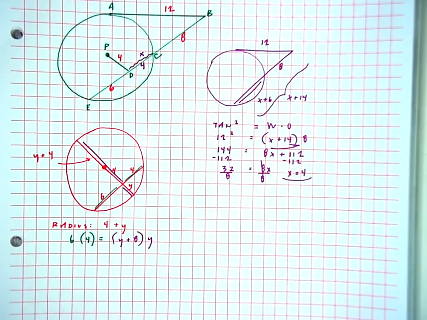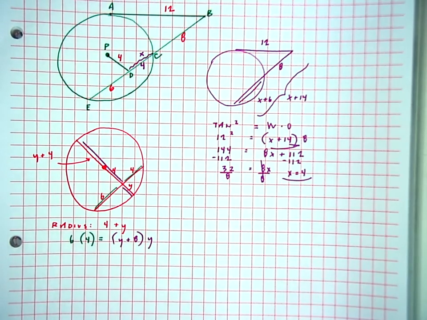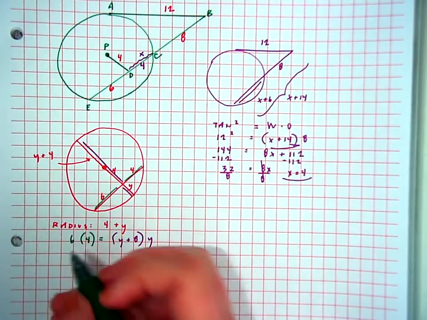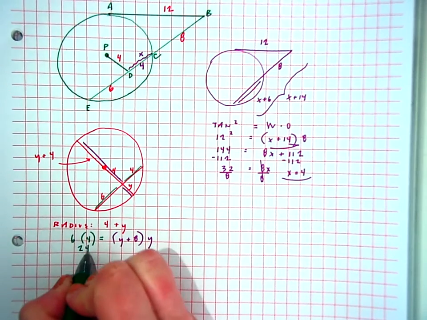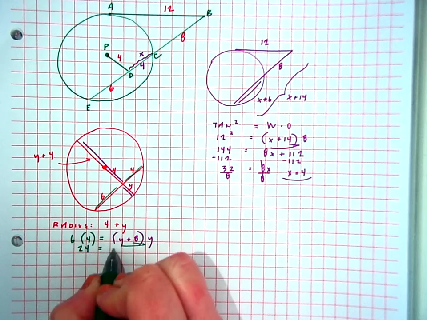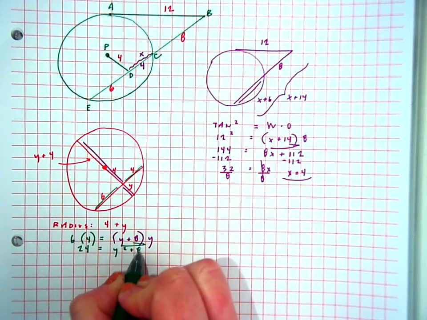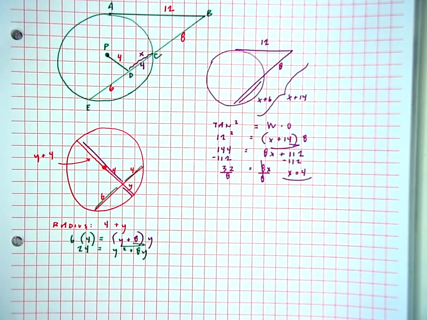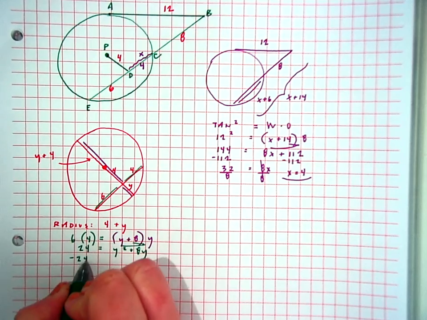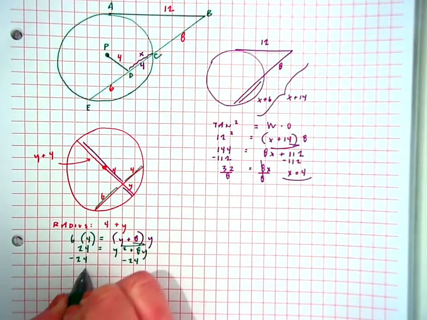So now I'm ready to continue on and solve for y. But keep in mind, my radius is going to be 4 plus whatever y is. So I have 24 is equal to y squared plus 8y. Okay, so now I see it's a quadratic equation. Let me pull that 24 over to the other side and see what I can do.